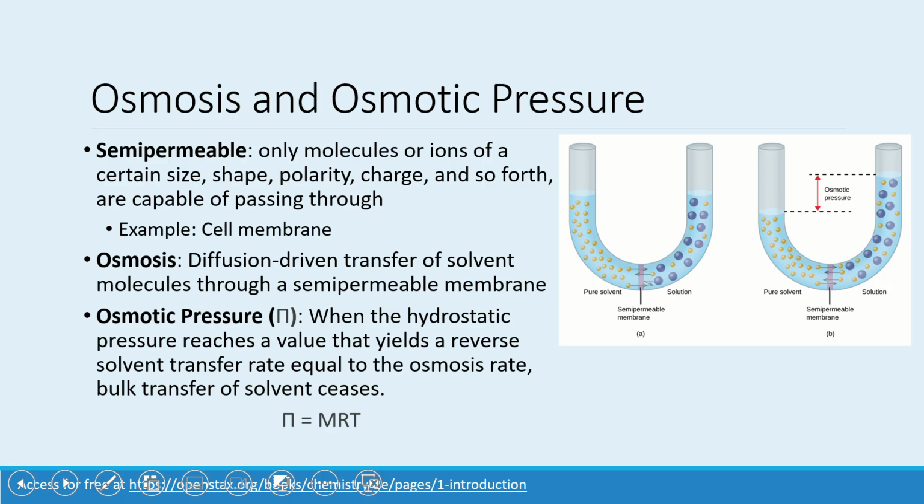And so just keep in mind that a solvent is always going to flow into the side that has higher concentration. So the solvent flow is going to be in the direction towards whichever side has the higher concentration of the solute.